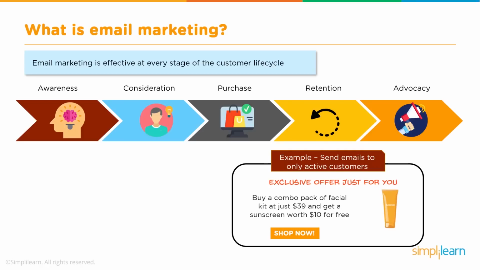In this example, we're going to give them a combo pack, a facial kit at just $39, and they get a sunscreen worth $10 for free. So you can come up with all sorts of different combinations of offers. The key is the offer is exclusively for those who you want to target and retain as customers. Because if you just get somebody to purchase once, it's not going to work. Those people have already taken that step in the relationship where they trust your product, they purchase your product. Now you want to treat that customer special by giving them an exclusive offer.